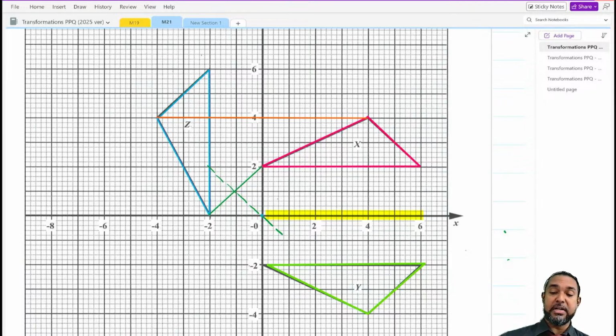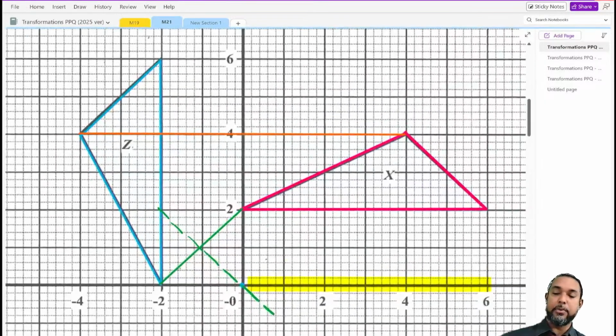Now check this. We could actually do it kind of easy here. I'll tell you why. 1, 2, 3, 4, 5, 6, 7, 8. So if the line is 8 units long, half of it is 4. So when you're bisecting, you'll pass through the 4-unit mark along the line. Now perpendicular means at what angle? 90 degrees. Do we not have a line passing through the halfway point of that orange line at 90 degrees?